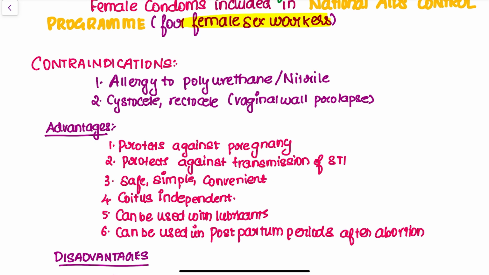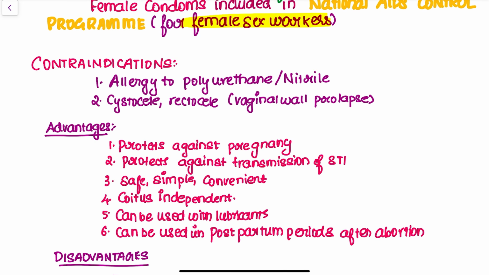Now, what are the contraindications to female condoms? The females who are allergic to polyurethane or nitrile, those females cannot use these condoms, as they are allergic to this synthetic plastic, which is the basis of polyurethane and nitrile female condoms. And at the same time, any female with vaginal wall prolapse, that is cystocele, which is urinary bladder prolapse, and rectocele, which is the prolapse of the rectum, the posterior vaginal wall prolapse.